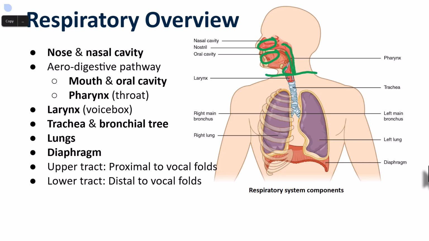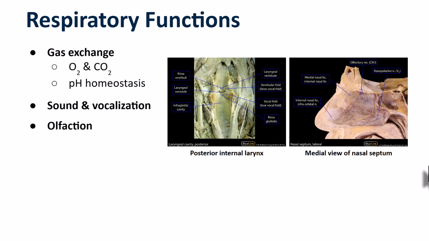The lower tract is basically the distal larynx, the tracheobronchial tree, as well as the lungs. So if you have an upper respiratory infection, maybe you have a stuffy nose, maybe you have a slightly sore throat, you have pharyngitis. If you have a lower respiratory infection, that's likely involving your bronchi, such as bronchitis, or the lungs. So let's discuss functions.